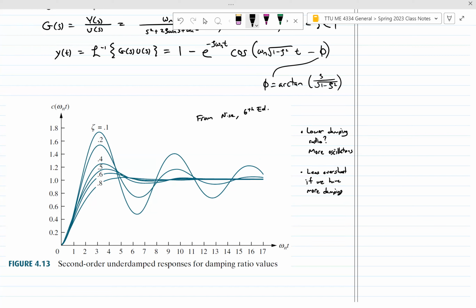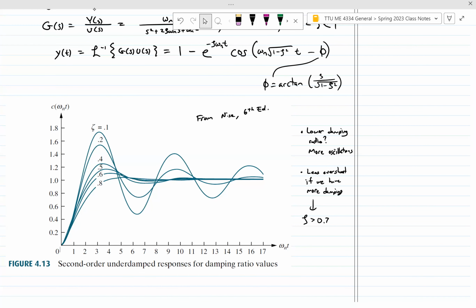And actually, if zeta is about above 0.7, what happens in that case? It looks like we don't have a whole bunch of oscillations back and forth. You see that 0.8 case? It goes over 1, but then it doesn't go back under 1 after that. This guy right here goes up a little and then it flattens out.